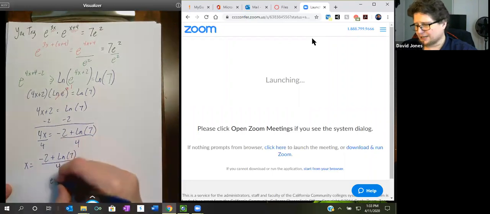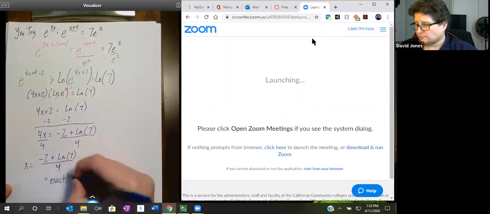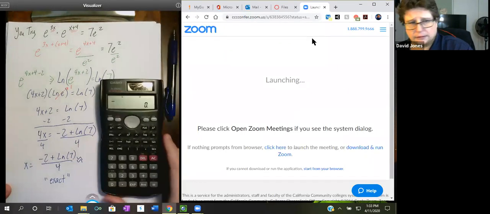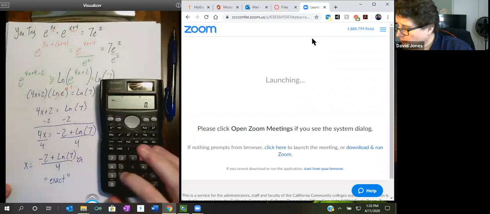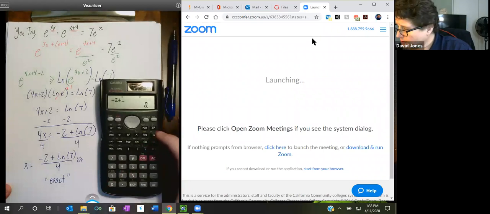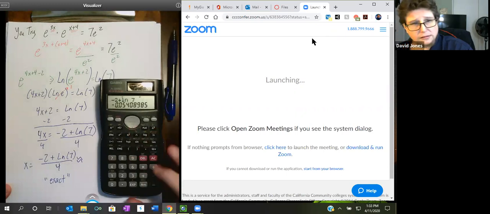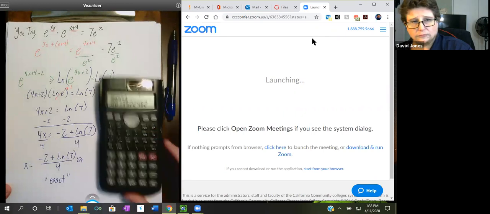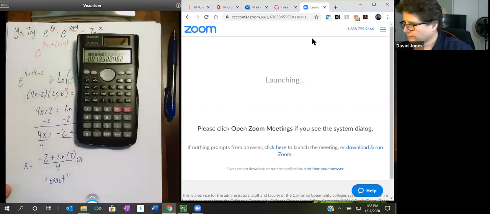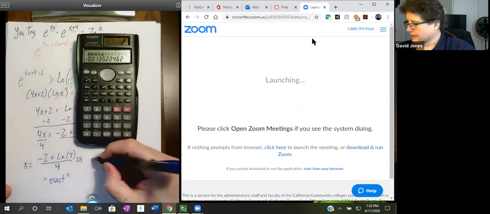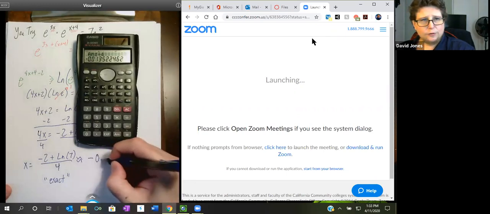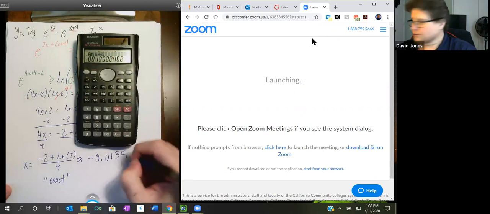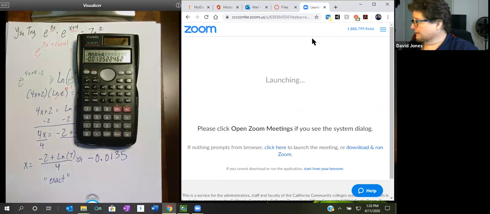Which is the exact answer, what you want to have. But if we approximate it, it's approximately negative 0.01. Let's show 3 significant digits, 135.